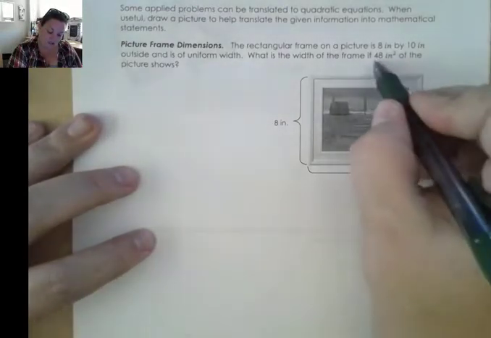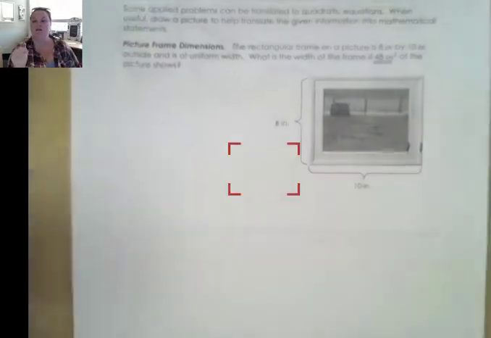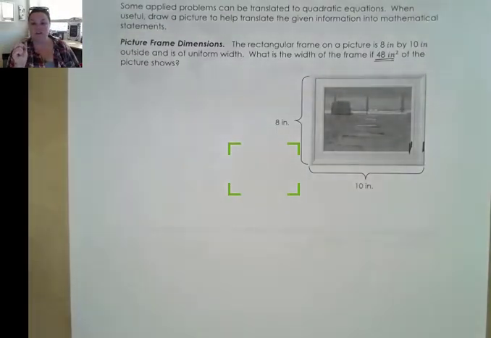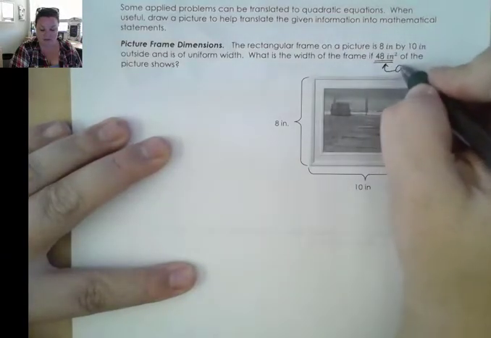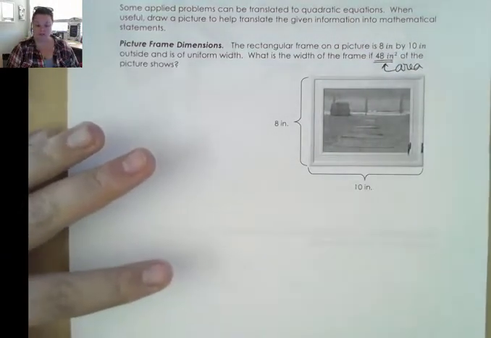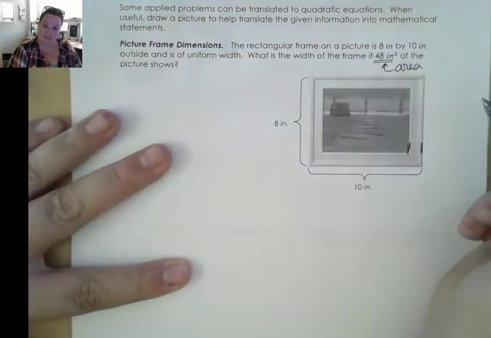So 48 inches squared, anytime you see something squared, we should be thinking area, because we do a dimension times a dimension to get dimension squared. Okay, so this is talking about the area. So the area of the picture showing is 48 inches squared.